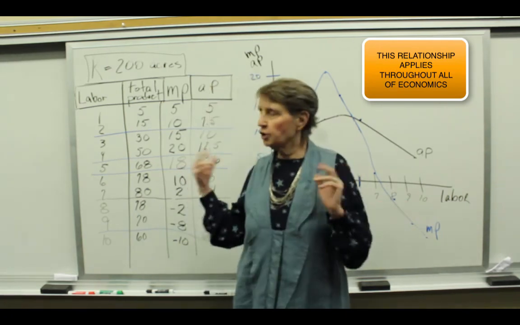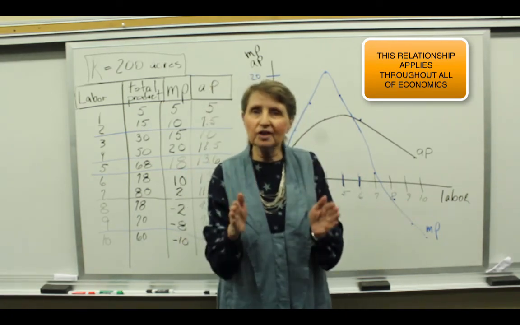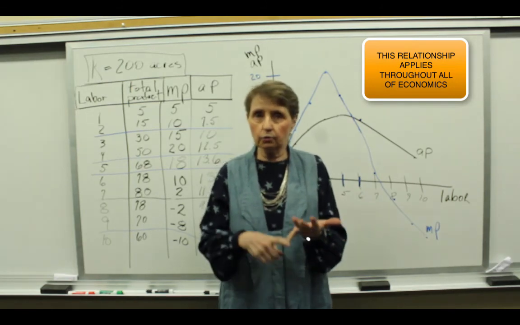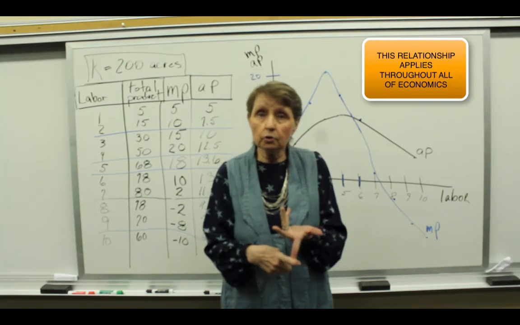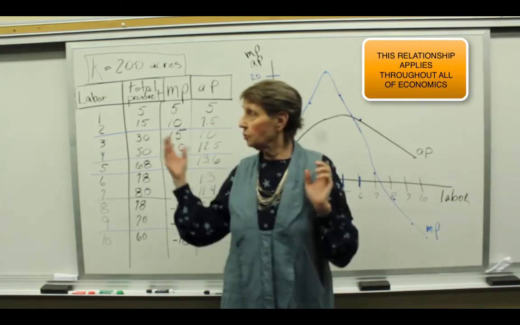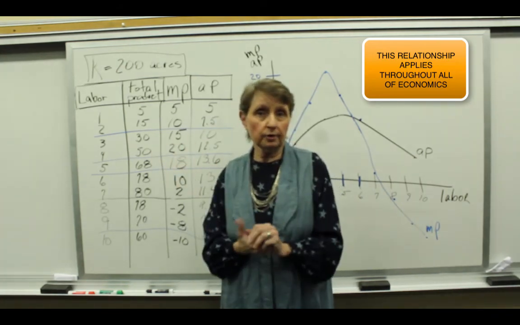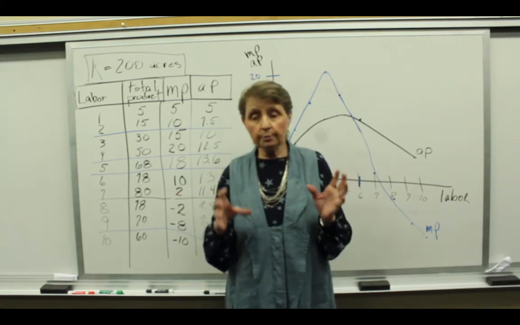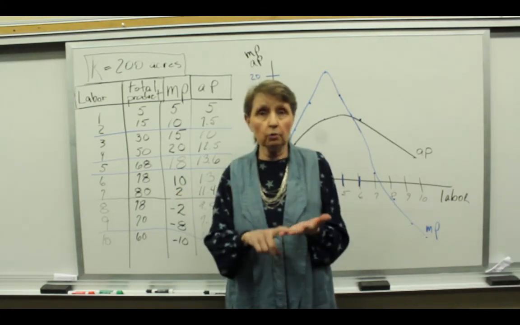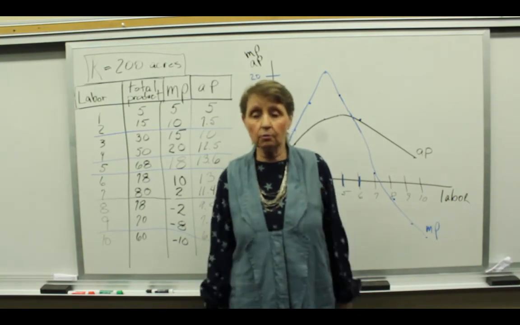So these relationships are very important, and they're the same no matter what the variable is. We're talking about production, we're going to talk about costs, we're going to talk about revenues, we're going to talk about profits. The relationships are always the same. And what I want to do now is show some charts between total, marginal, and average so we can see the relationships.